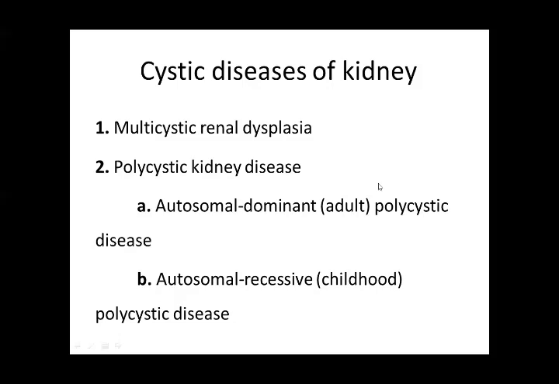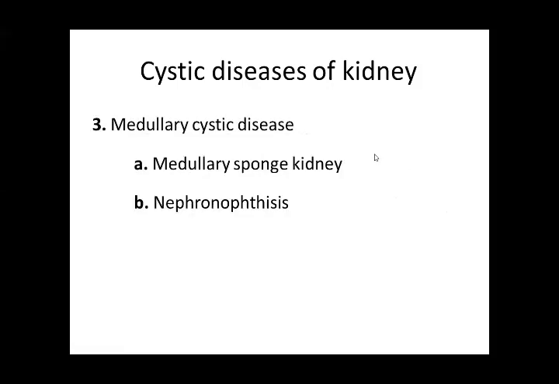Then comes polycystic kidney disease. It could be dominant or recessive. If it is dominant, it is the adult type of polycystic kidney disease, and in children, it is the recessive type. So adults have the dominant type and children have the recessive type of polycystic kidney disease.